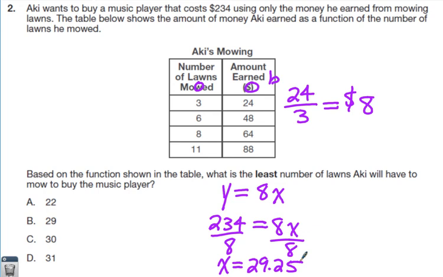He needs to mow 29.25 lawns in order to make this amount of money. Well, 29 lawns will not be good enough. He needs to mow 29 1/4 lawns, which you can round up to 30, because you would need to mow that entire 30th lawn to get that money.